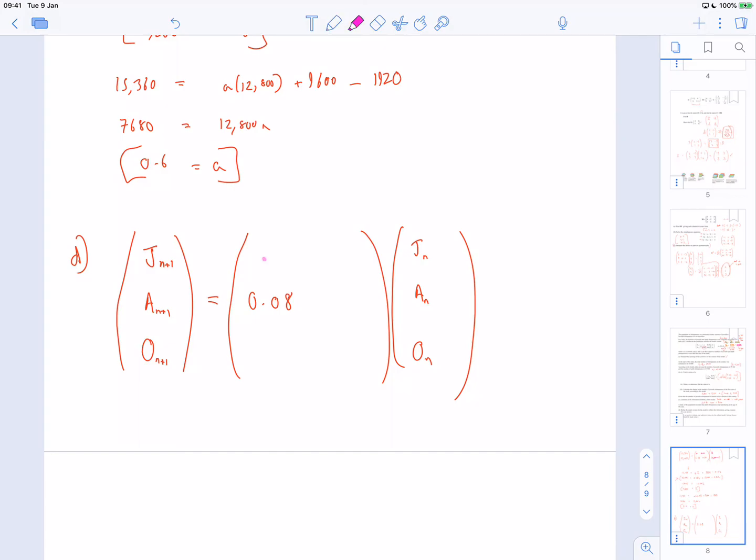J of n, this goes to there. So that's going to be some constant. The amount of kids that stay kids is going to be some constant. I'm guessing that's still 0.6. So that's not going to change. I don't think kids surviving the next year is going to be too heavily influenced by adults becoming infertile.